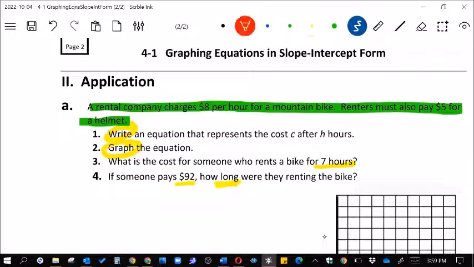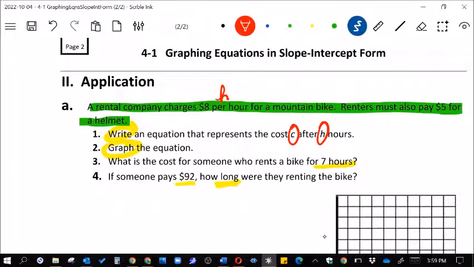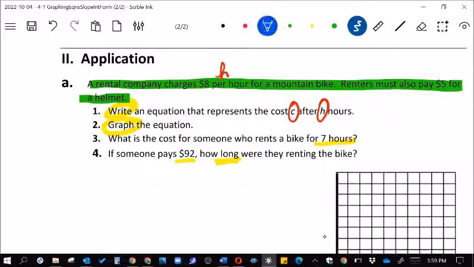So we are told here to use C for cost and H for hours. So that means we have an H for that, and then the total cost is a C. Right now, I want to analyze what's happening here. For 1 hour, I would pay $8, plus I'm going to pay the $5 helmet fee.